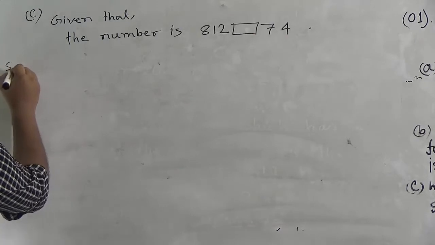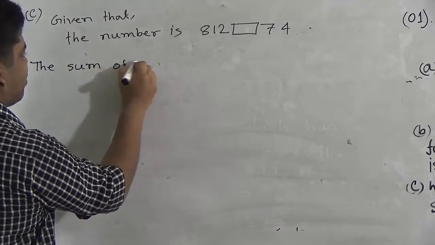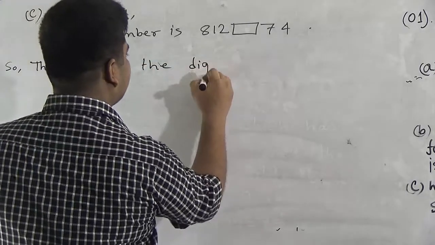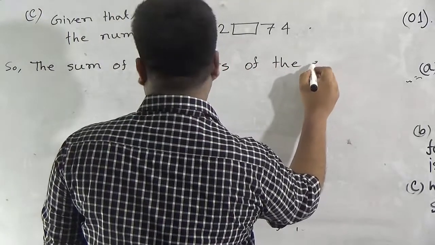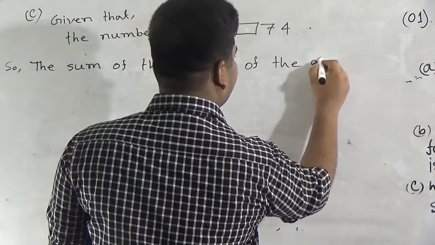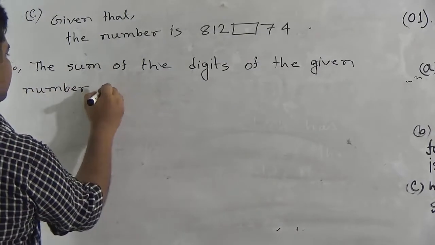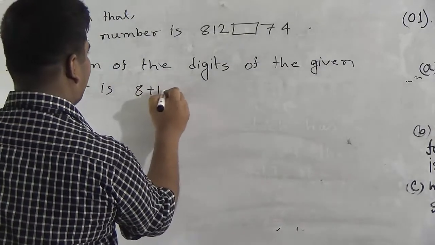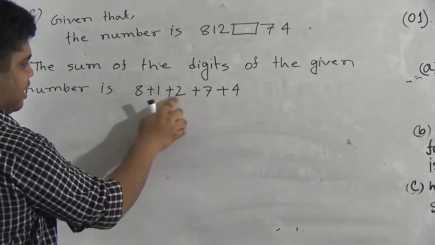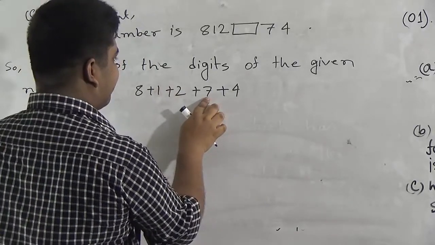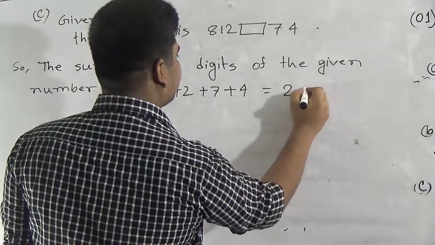So the sum of the digits of the given number is 8 plus 1 plus 2 plus 7 plus 4. 8 and 1 are 9, 9 and 2 are 11, 11 and 7 are 18, 18 and 4 are 22.